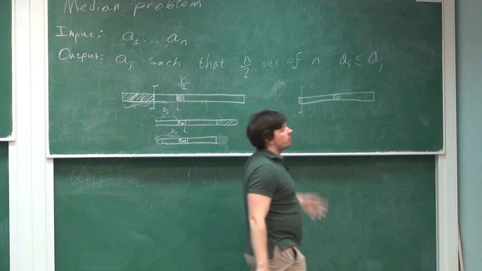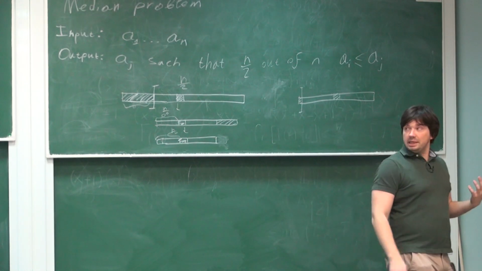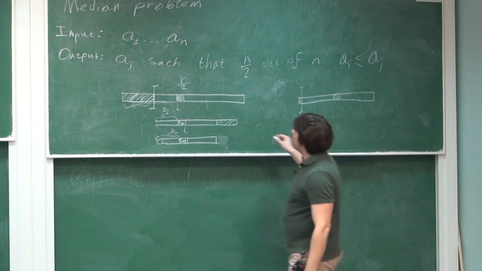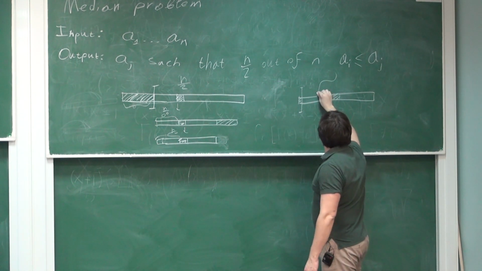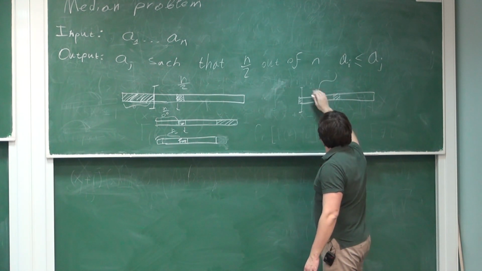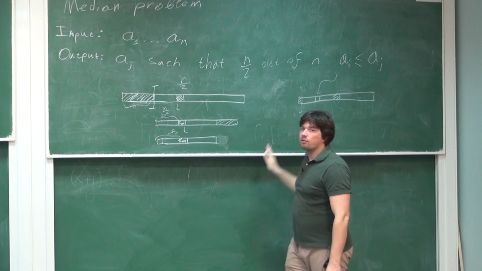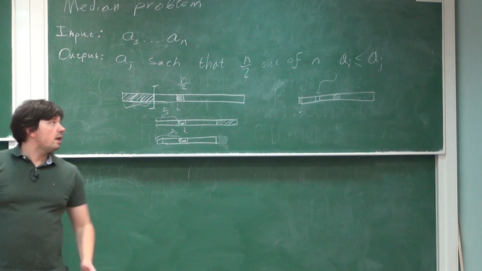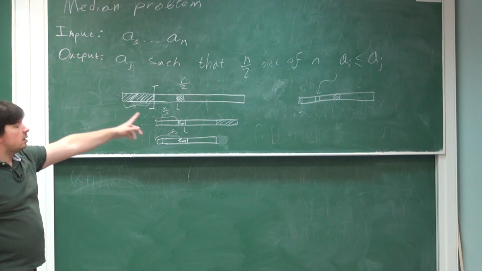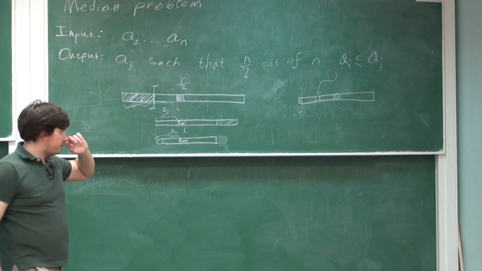So how can I guarantee both of those things? Well, I can pick a random index i and say, hey, let's pick ai as my boundary element.